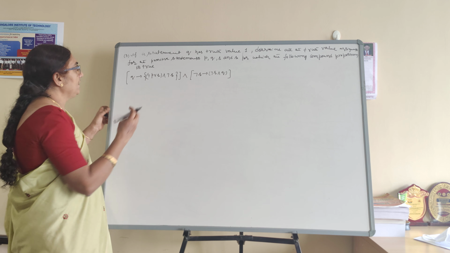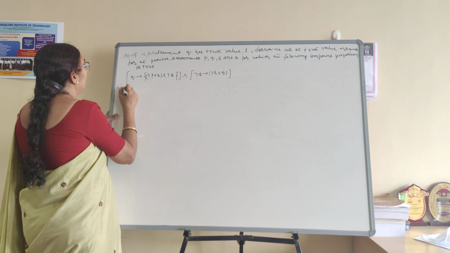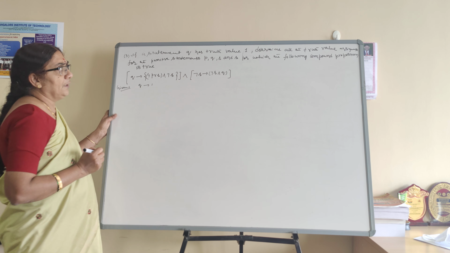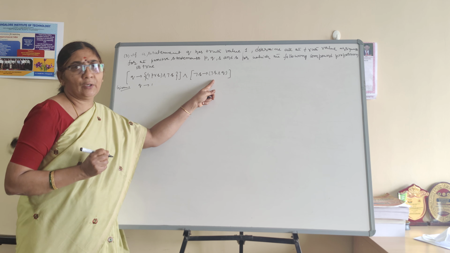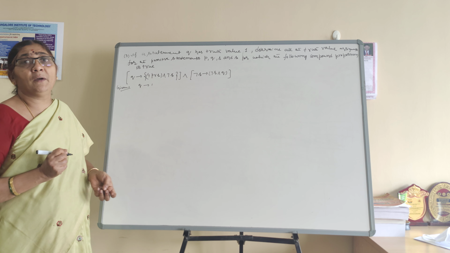Now what have they actually given here? The truth value of Q is 1. They have given one of the primitive truth values and also the truth value of the compound proposition. I have to find out the remaining primitives.